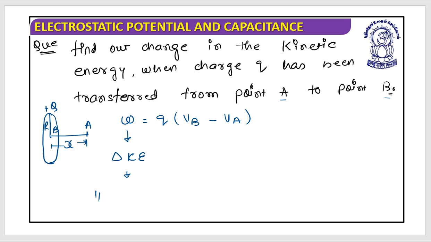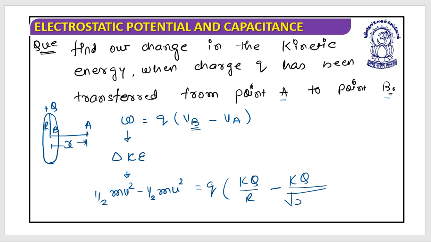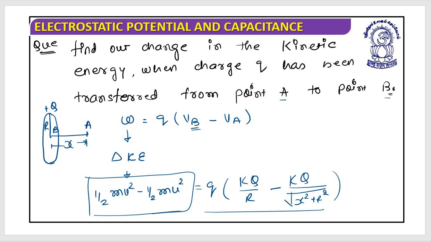Even if you wish, you could write it as half mv square minus half mu square, and the rest of the things you know: this is equal to q multiplied by Vb, potential at B, which is kq by r, minus potential at A, which is kq by root of x square plus r square. So all this stuff you must know, but the only new thing is this, and you can use it when W stands for work done.